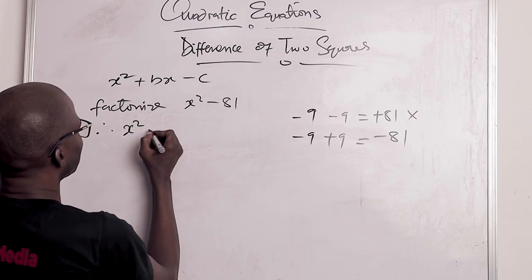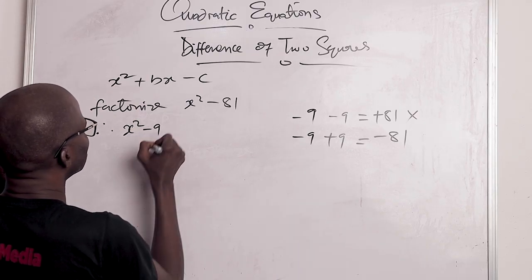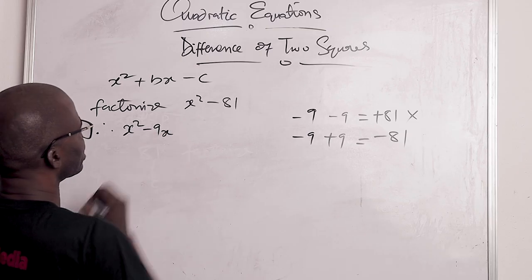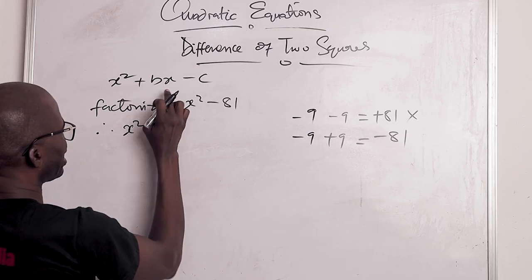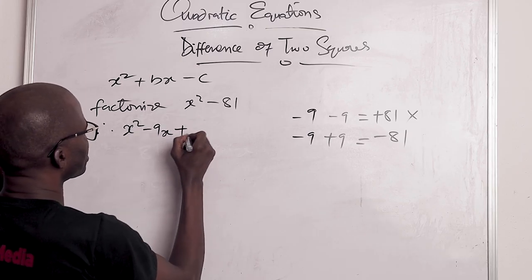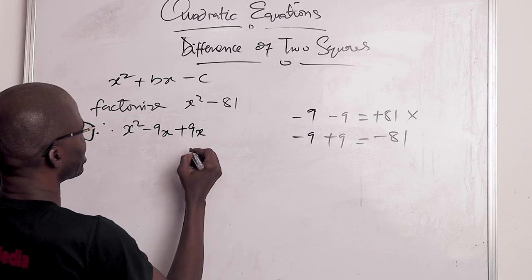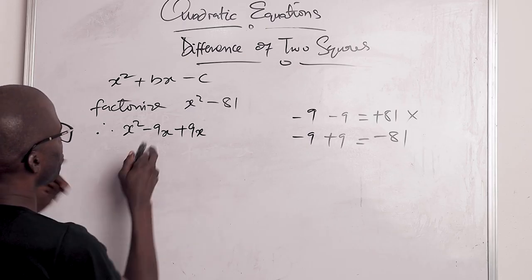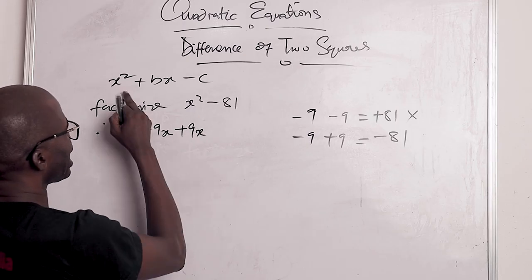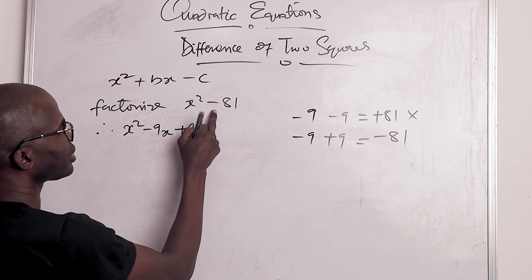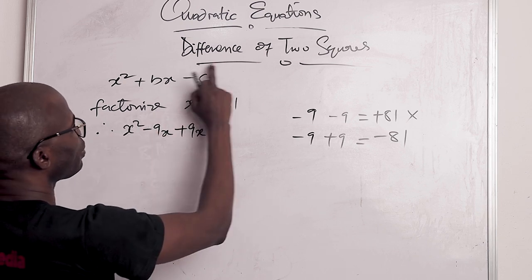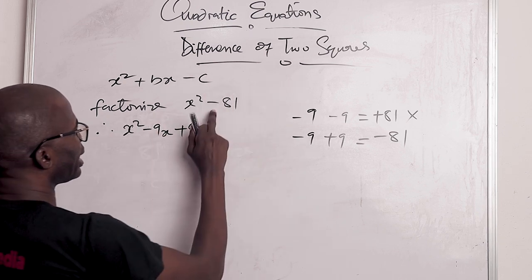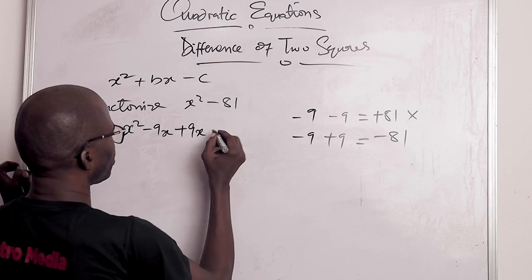So I can now say, okay, minus 9x, just like this. Now say plus 9x. Minus 9x plus 9x, that's 0. So that's why it isn't written here under the principle of difference of two squares. Then minus 81.